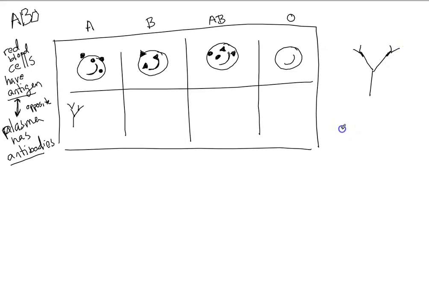An anti-A antibody might have circular receiving ends. And we'll get to anti-D in a second. So an A-type blooded person has the A antigen, but the anti-B antibody. And they'll have a number of these floating around in their plasma.